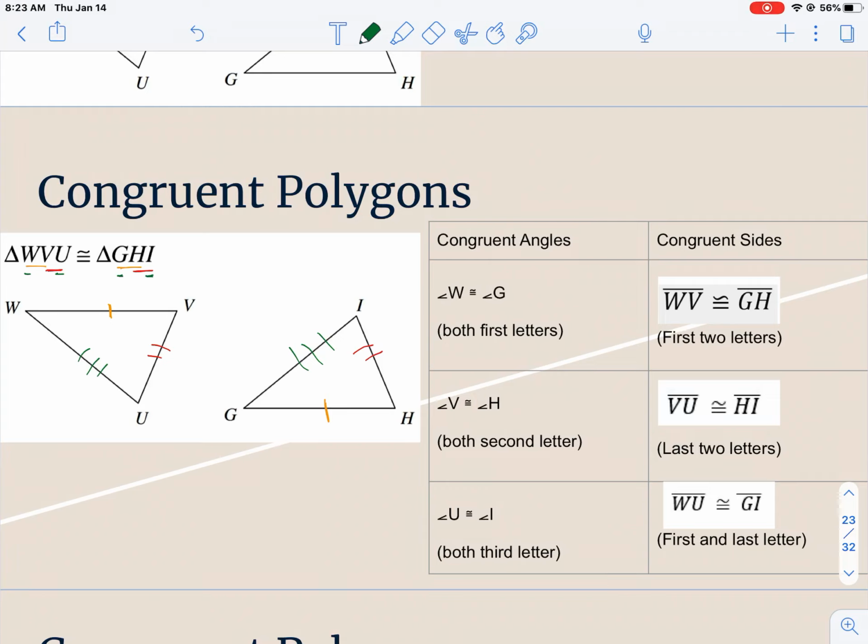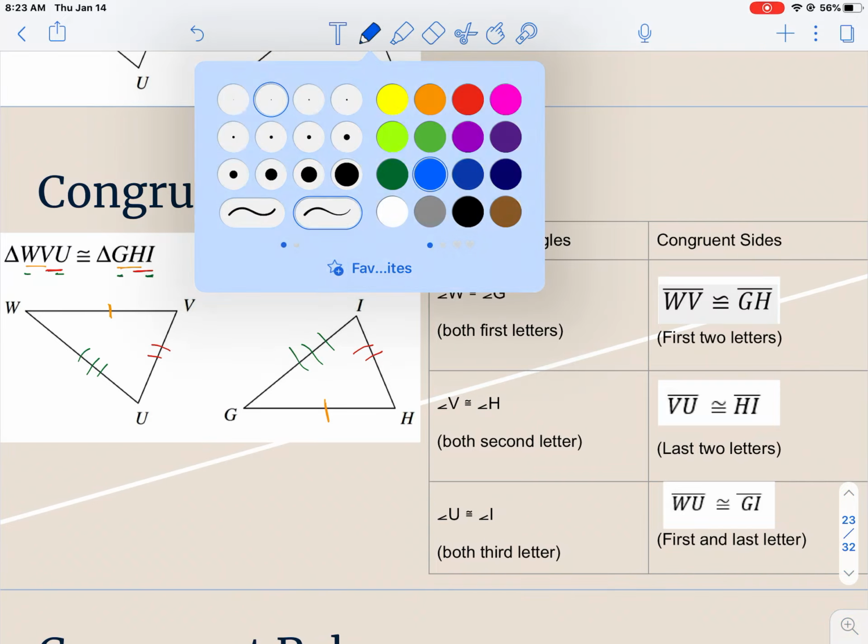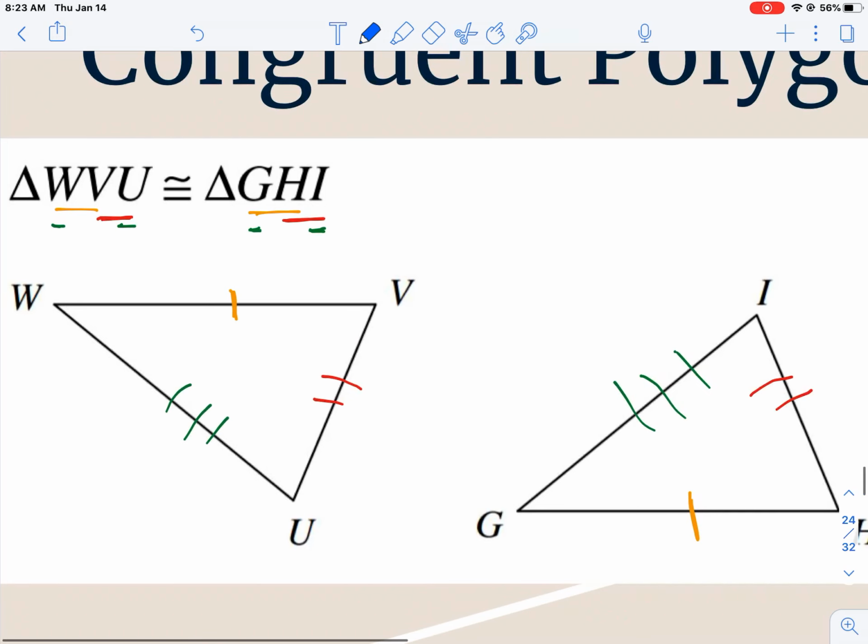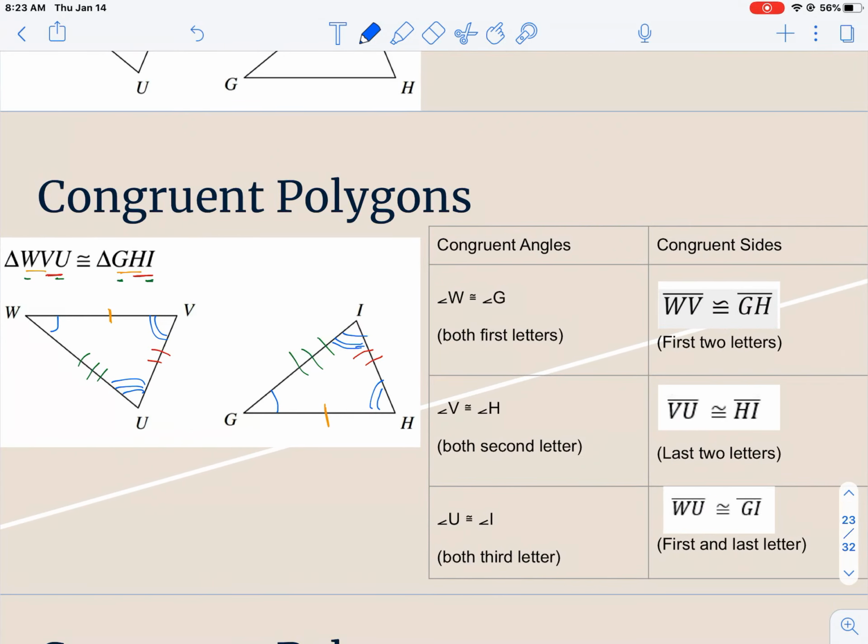That'll tell you what sides are congruent, okay? And if we really want, you can mark up the W and the G, the V and the H, and the U and the I. Notice now we added our own markings, but you don't have to add your own markings. That's why we have the congruence statement, okay?